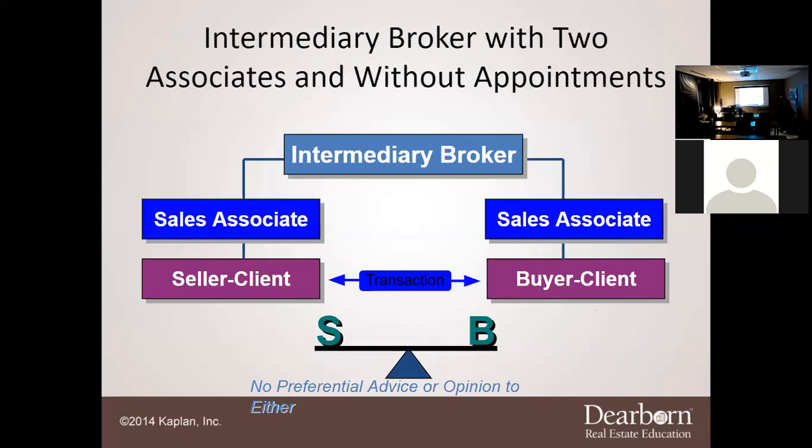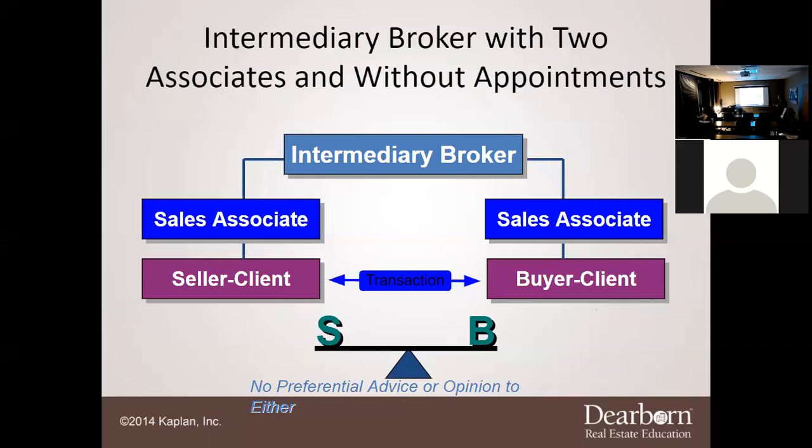Why can't you give advice? Still under the immediate broker. What's this part right here? Appointments. Have I appointed these two? No. This is like Miss Davenport just happened to run into Stephen, and Mr. Eugene, you happen to run into Travis, and y'all just happen to be talking.